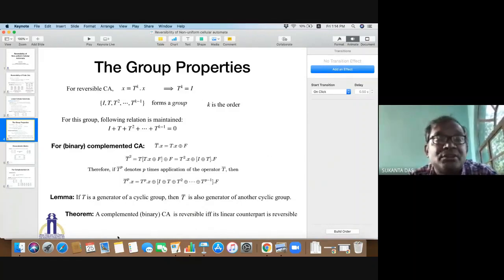This is my last topic. We have to prove this theorem also. The proof is also not so big. The lemma says one way: if the linear CA is reversible, then its complement is reversible. But the theorem is saying a complement is reversible if and only if its linear counterpart is reversible. So now we shall prove this theorem.